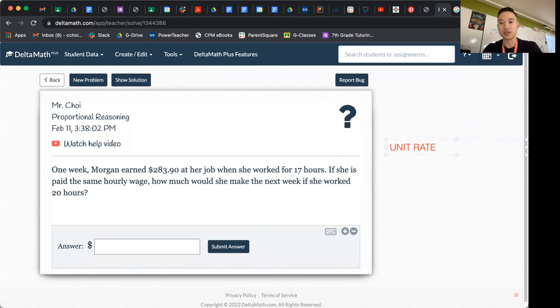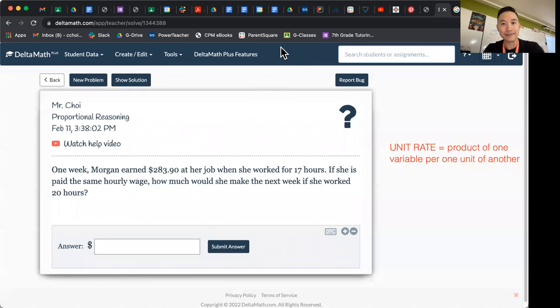Remember, unit rate is just how much money are you earning per 1 hour? How much does it cost for 1 potato? How many miles can you go on 1 gallon? The unit rate is basically the amount of one variable per 1 unit of another. And that'll make more sense once I go over this example.